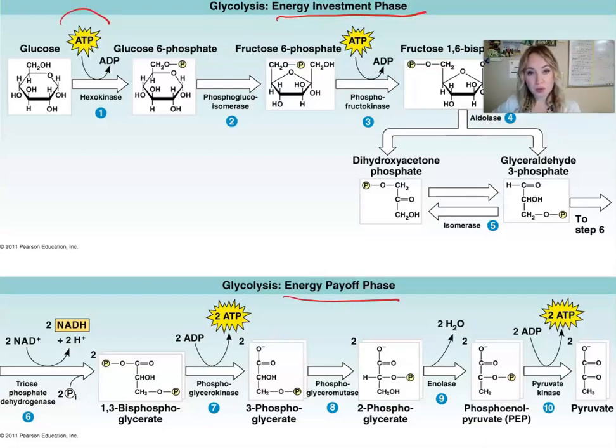So glucose in the cytoplasm will be recognized by an enzyme called hexokinase. And this enzyme will also recognize ATP. So those 2 substrates will sit in the enzyme's active site, and catalytic reaction is going to be happening. ATP will be hydrolyzed, and the phosphate group will be added to the glucose.